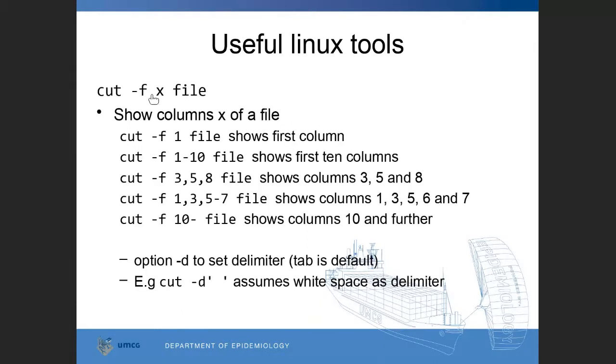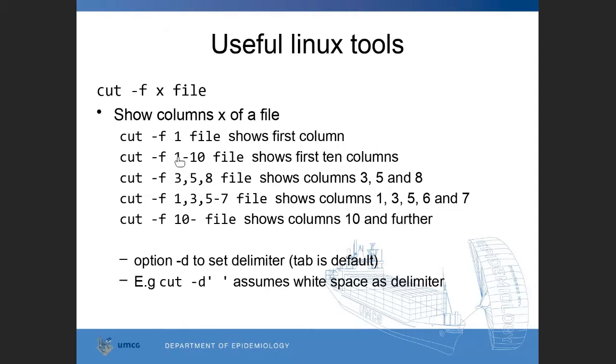Then the cut command will show you particular columns from a file. So if you say, for instance, cut -f1 of a file, it will show you the first column of a file. The default is tab delimited, so if you don't specify what the delimiter is, then it will assume that the file is tab delimited.